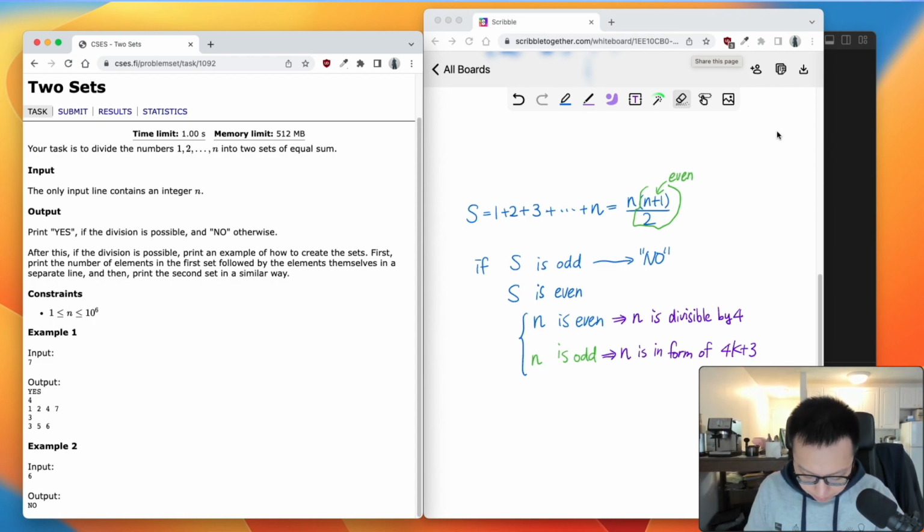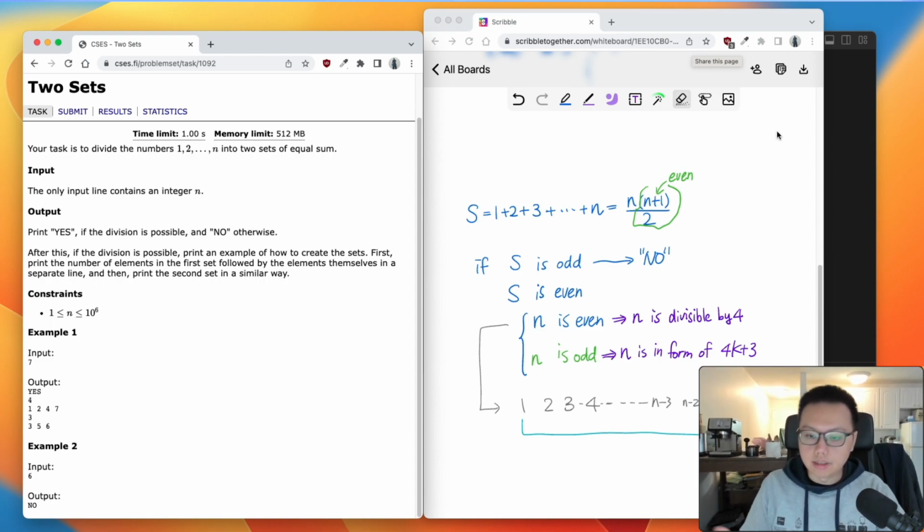So in the first case, what we can see is that let's just put all the numbers out: 1, 2, 3, up to n minus 3, n minus 2, n minus 1, n, right? So we know that by adding the first term and the last term together, they should be equal to 2 plus n minus 1, right?